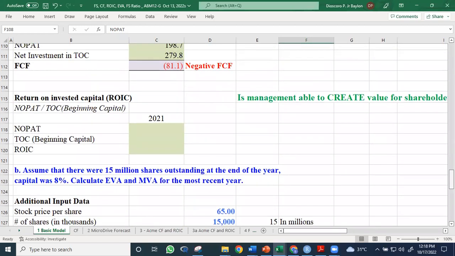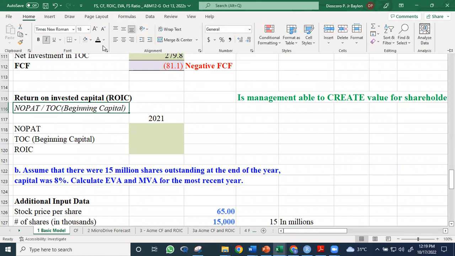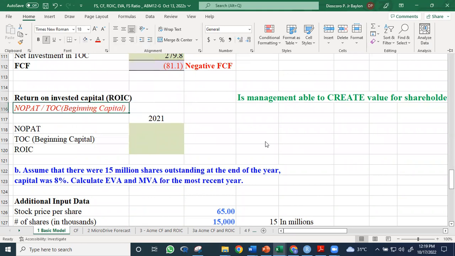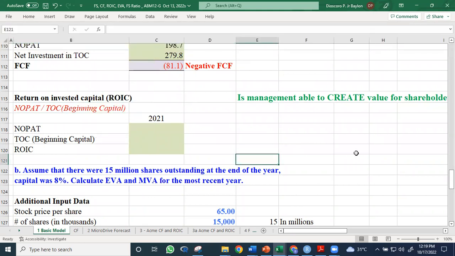Medyo iba to kaysa dun sa formula natin for ROA, return on assets, return on equity. This is return on invested capital. And we have the formula here. So yung formula natin is NOPAT divided by TOC, at the beginning.